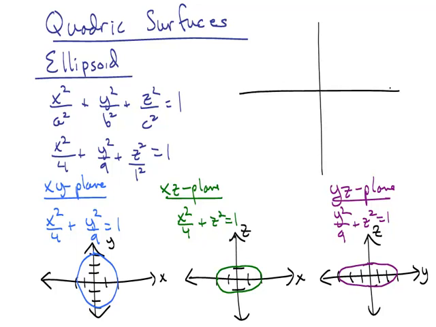Now, putting these all together in a nice three-dimensional picture is a bit on the tricky side, but I'm going to give it my best shot for you. Here's x, y, and z. We're intercepting the x-axis at plus or minus 2, the y-axis at plus or minus 3, and the z-axis at plus or minus 1. Let's put all these things together, maybe I can draw them with the appropriate colors as well.